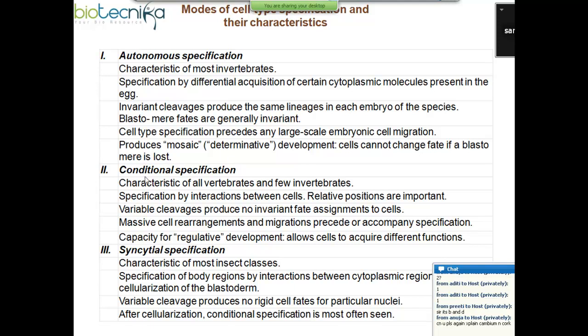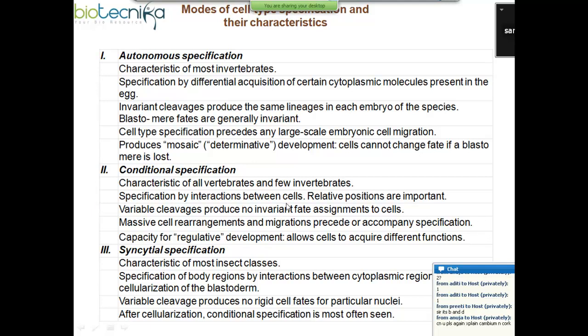Conditional specification is mostly in vertebrates and a few invertebrates. If the blastomere is lost, the product itself will not be produced. Conditional means only if the specific condition is present will it be determined. That is happening in our vertebrates. It is specified by interaction between cells, the cell signaling.